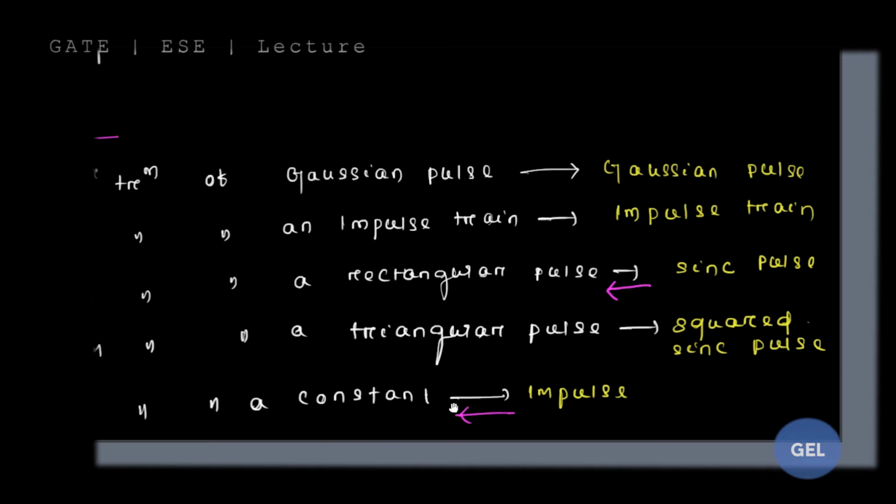And if you take a constant A, the Fourier transform will be an impulse function. Yes or no? And vice versa, if you take an impulse function, the Fourier transform will be a constant. So vice versa is also true. In place of vice versa, I made here a pink colored arrow mark.